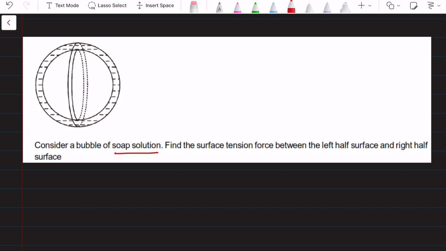Earlier we were considering the liquid drop only. So here two surfaces are there. Forces will be acting this way, one on the outer surface. Always remember, surface tension force acts tangential to the surface, and the other will be on this inner surface.